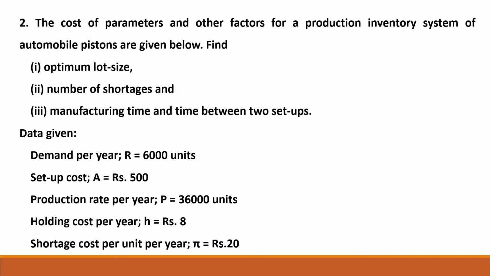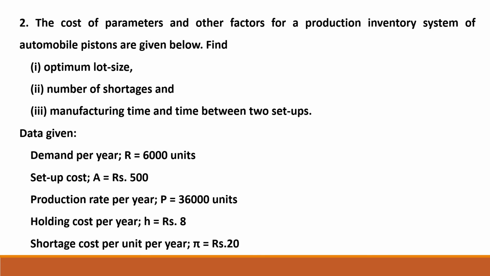Let's have one more example. The cost parameters and other factors for a production inventory system of automobile pistons are given below. Find optimum lot size, number of shortages, manufacturing time and time between two setups. The data given was demand per year, that is R is equal to 6,000 units.